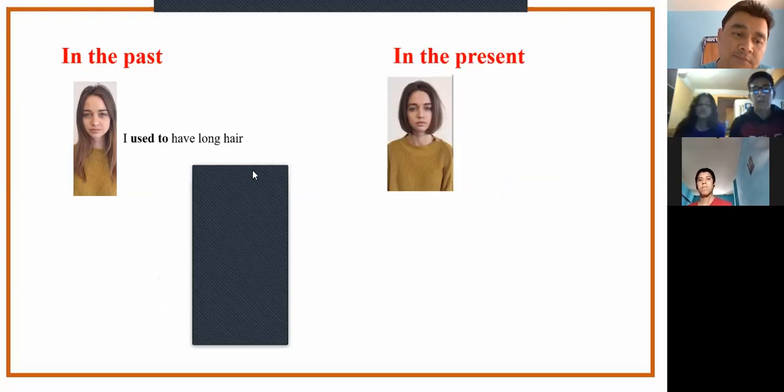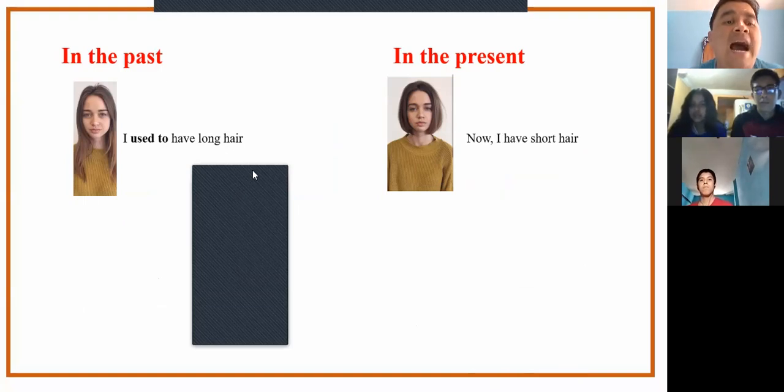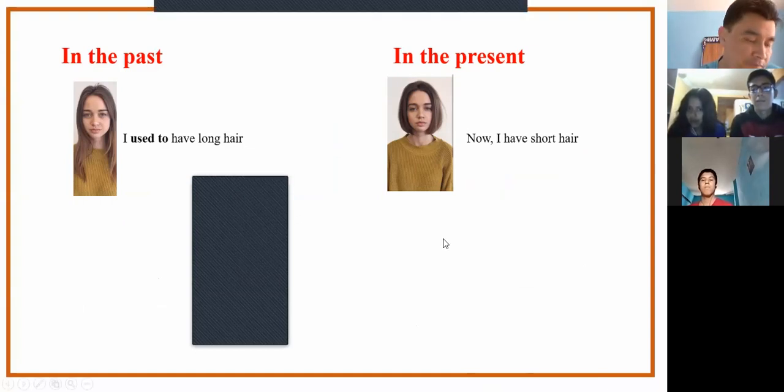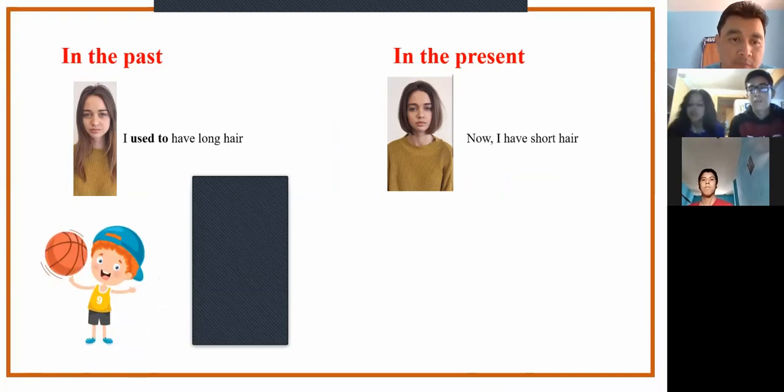And in the present? I hate short hair. Good. Now I have short hair. Have, como que termina en F. Have. Good. Now I have short hair.